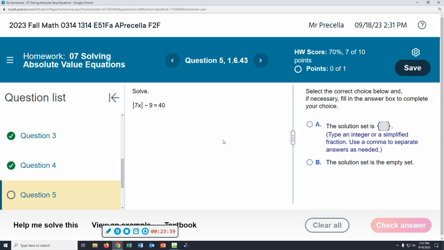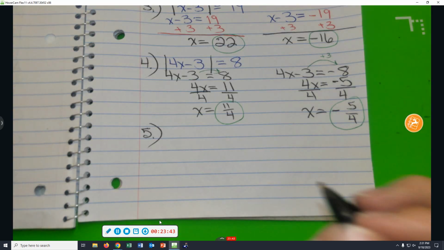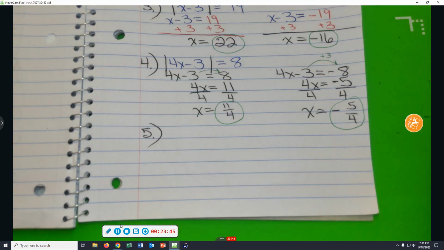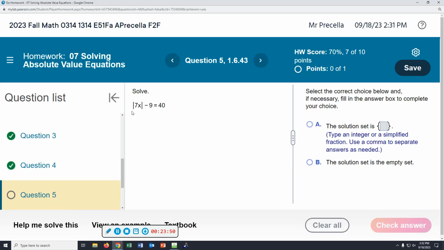Okay, now let's try. I forgot what the problem was now. I know there was an absolute value, and it was a 7x minus 9 equals 40.